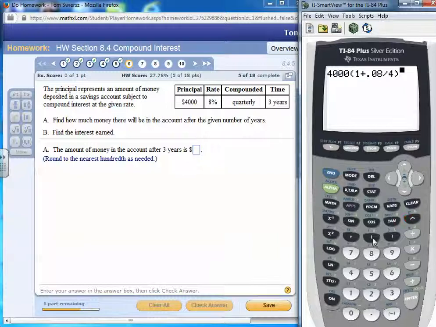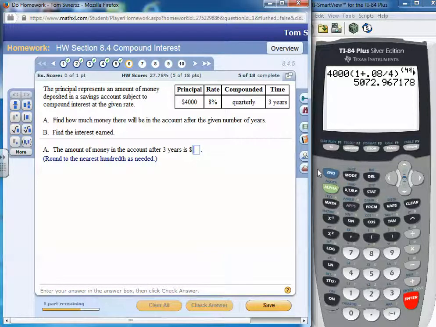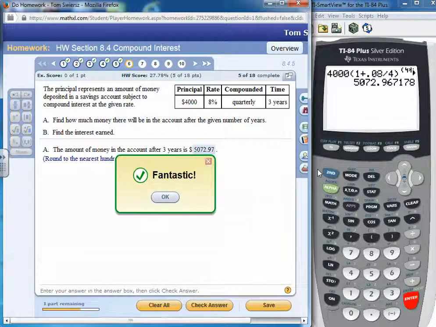So if you want to, you can put it in here too, it doesn't hurt. It's 4 times 3 power, and then there's our answer. To the nearest hundredth, which is 2 decimal places, we'd round off to $5,072.97.